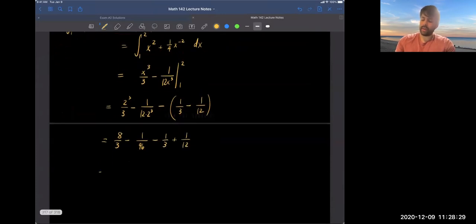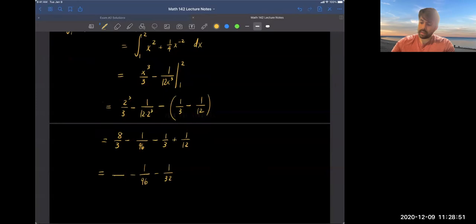This fraction is kind of weird. If I want to make them all the same denominator, make them all 96. 3 goes into 96 32 times.